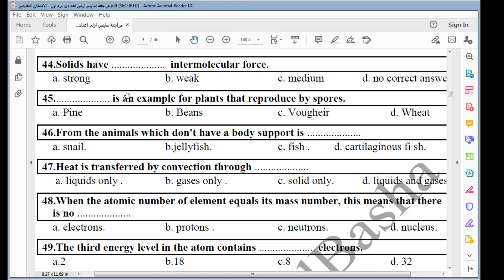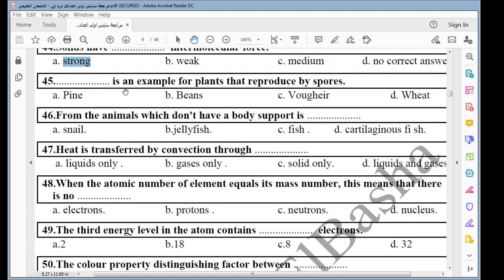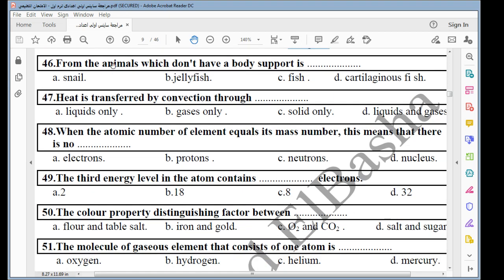44 solids have space intermolecular force. طبعا number A strong intermolecular force. 45 space is an example for plant that reproduce by spores. تمام تبقى ايه فوغير. 46 from the animals which don't have a body support is. طبعا jellyfish.